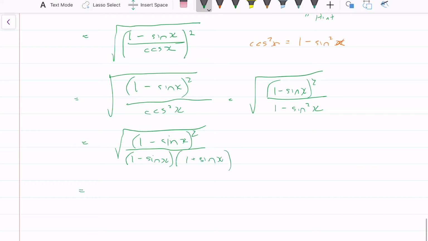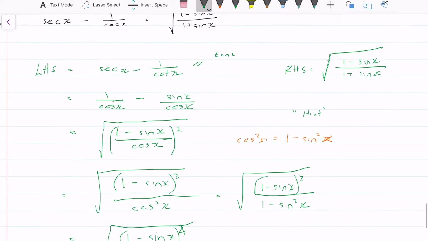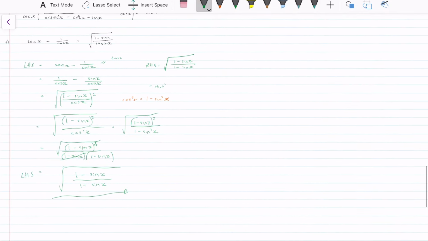Okay, then 1 minus sin x cancels with the square, so we're left with the square root of 1 minus sin x over 1 plus sin x. And this is our left-hand side, and that is exactly equal to our right-hand side. So we can say that the left-hand side is equal to our right-hand side.